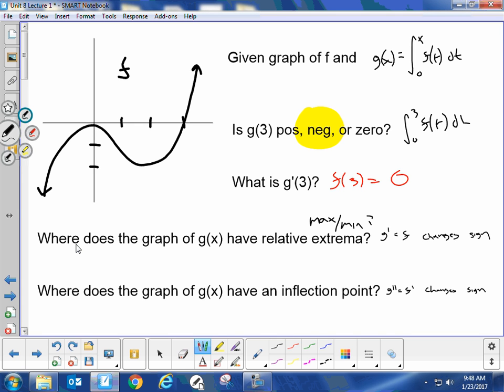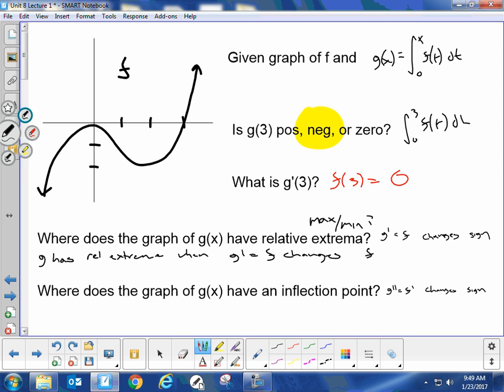Now, if you were asked to justify or explain your reasoning for this, this is what you'd have to do. You'd say G has a relative extrema when G prime, and then you establish the connection between G prime and F. So when G prime, which equals F, changes sign, F changes sign from negative to positive at 3.